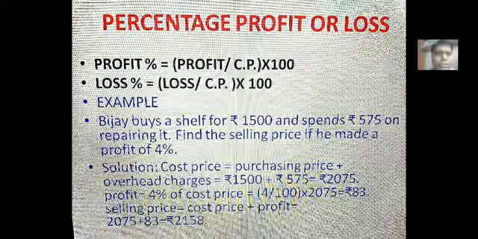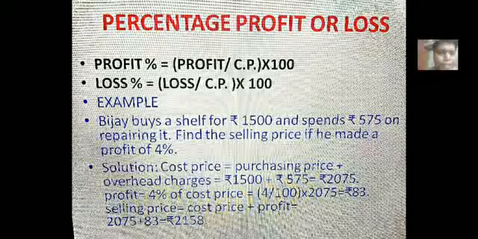Example: Vijay buys a shelf for rupees 1500 and spends rupees 575 on repairing it. Find the selling price if he made a profit of 4%. Cost price is equal to purchasing price plus overhead charges. He paid 1500 for the shelf and 575 for repair, so the total cost price is 2075.